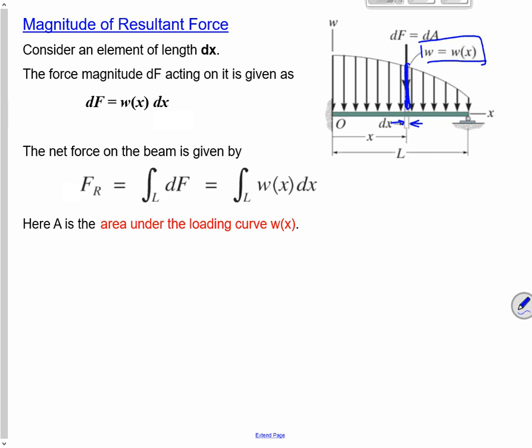That's the area of that little blue rectangle. The net force on the beam is found by adding up all those different rectangles as I go from 0 to L. And so that's just the integral of w of x dx from 0 to L. That's the area under the loading curve.